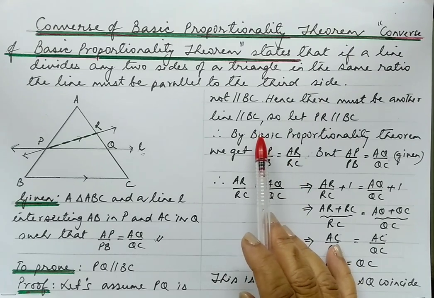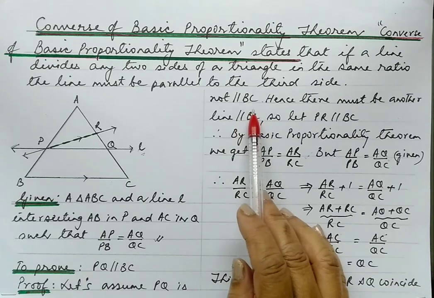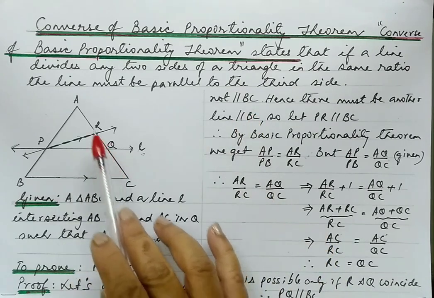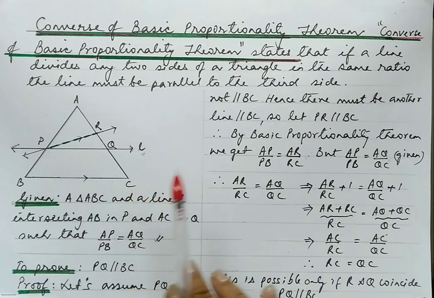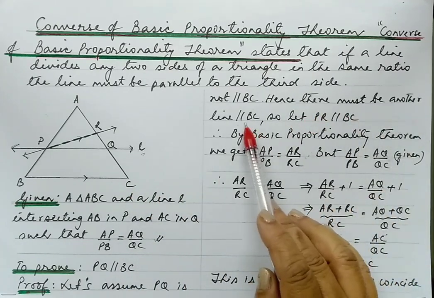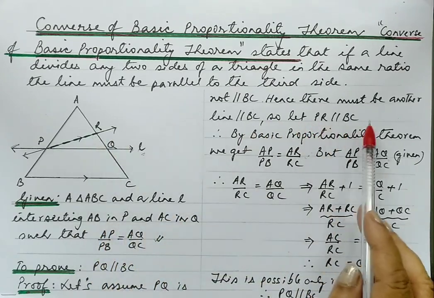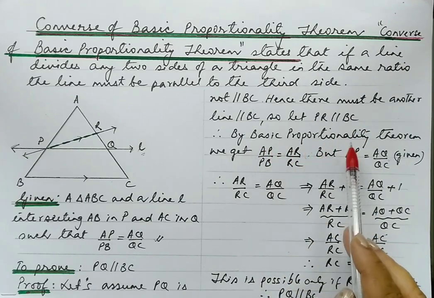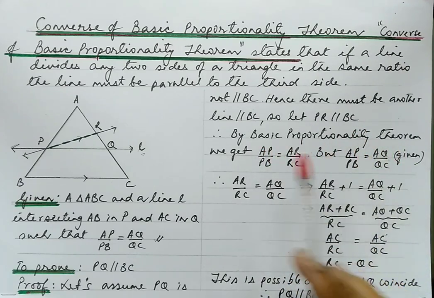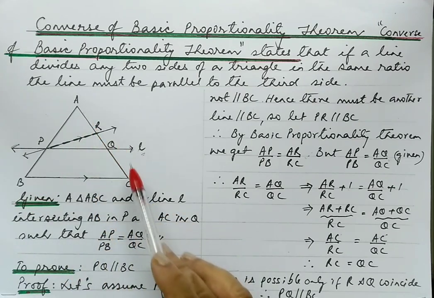Now let's go deeper into the proof. Let's assume PQ is not parallel to BC. Then there must be another line parallel to BC. So let's assume that PR is parallel to BC. By the basic proportionality theorem, we get that AP upon PB is equal to AR upon RC.